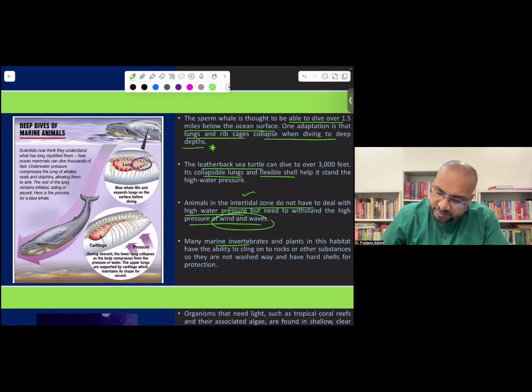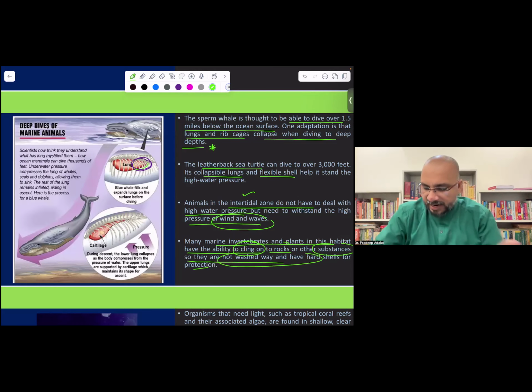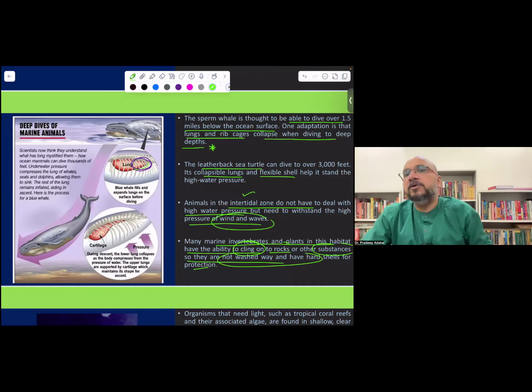Many marine invertebrates and plants in this habitat have the ability to cling to the rocks or other substances so that they will not be washed away, and have hard shells for protection. When the water is moving back during the high tide, it will submerge the land. So they should be able to hold to the surface.